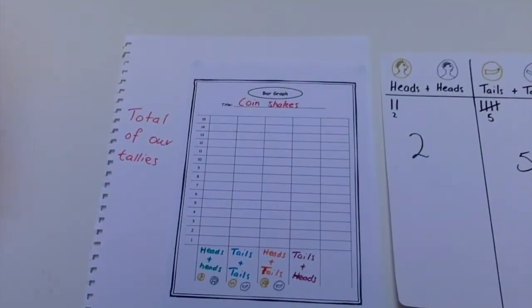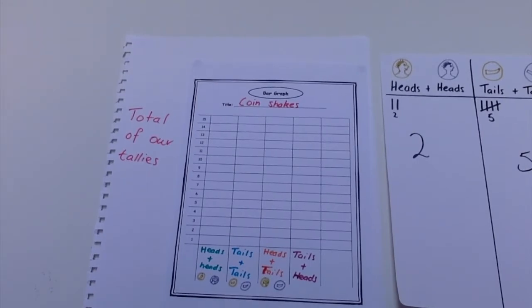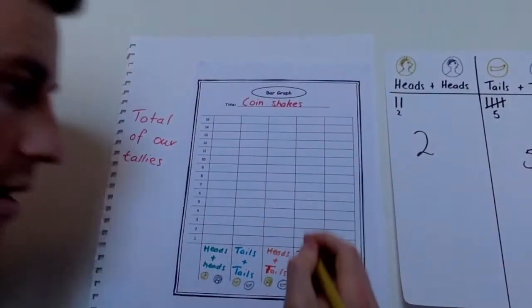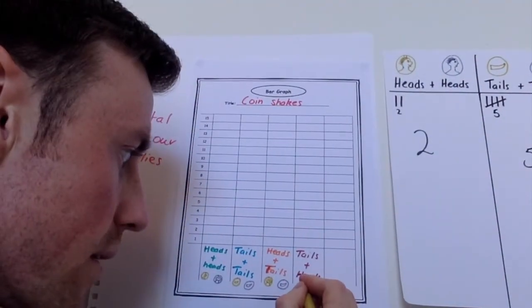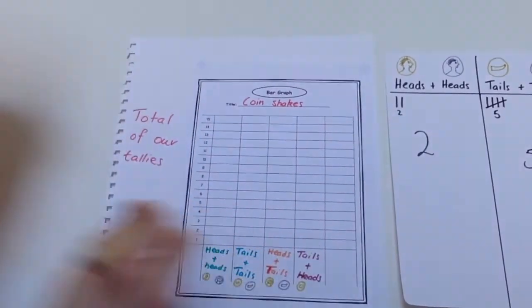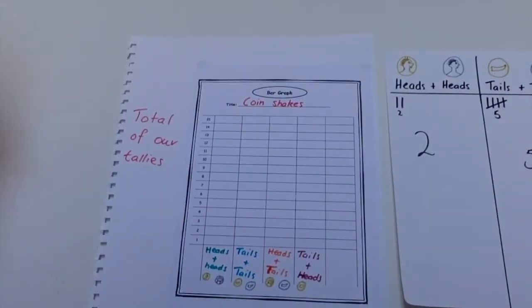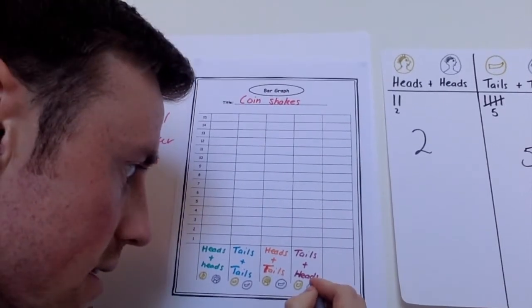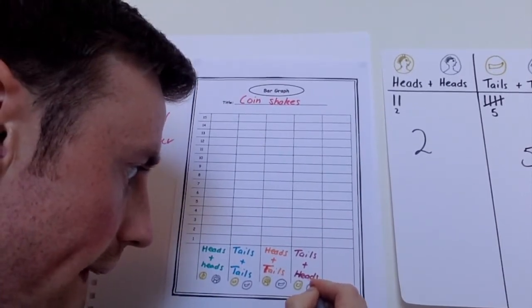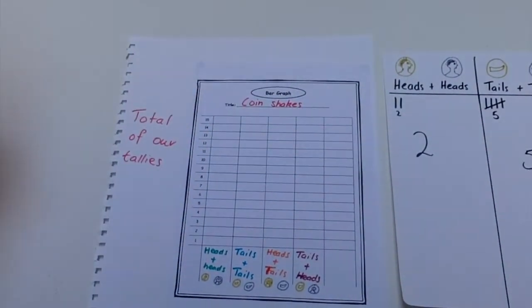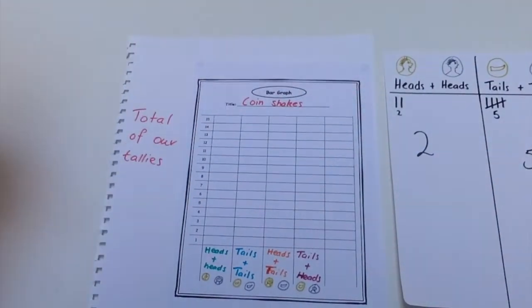And now I'm just going to do a little thing down the bottom. My gold one is tails, and my silver one is heads. So I'm going to do a head, and a little smiley face. I don't know if you can see a little smiley face. It looks like a head. Kind of looks like a penguin actually.